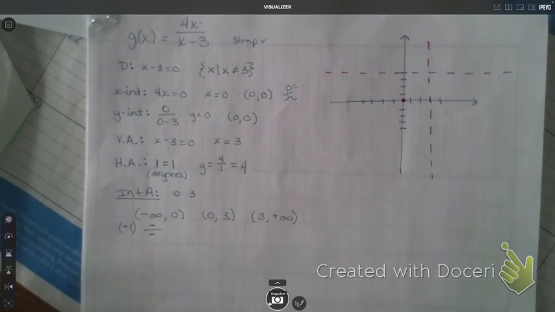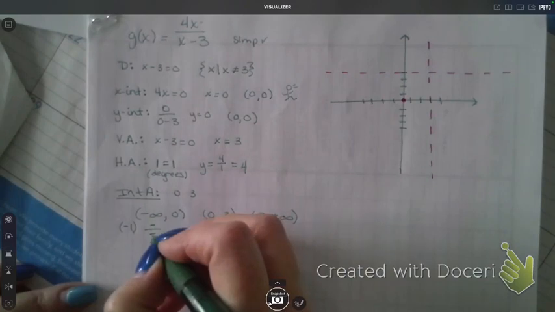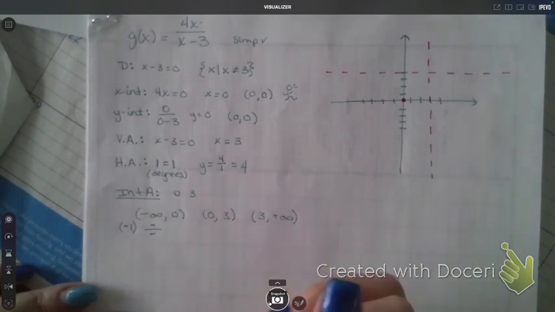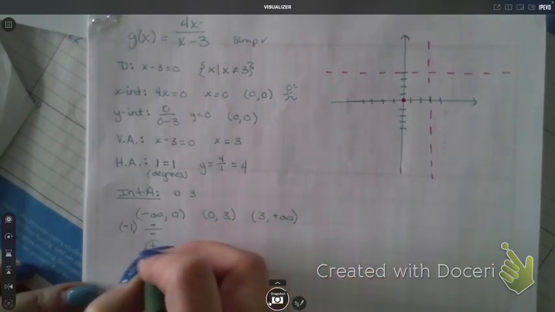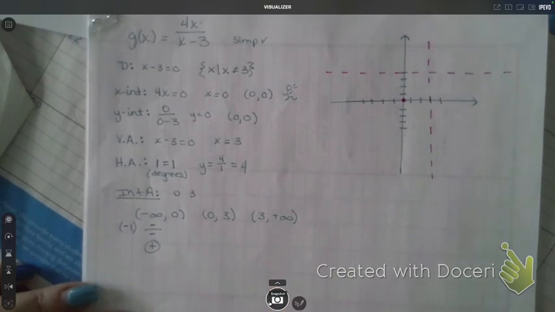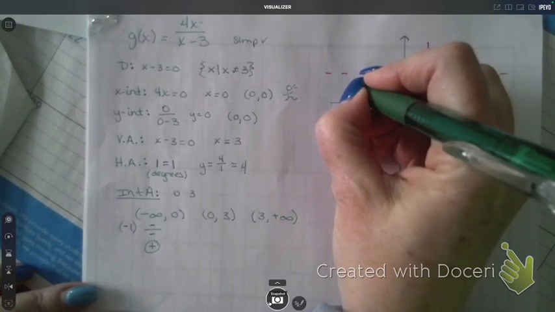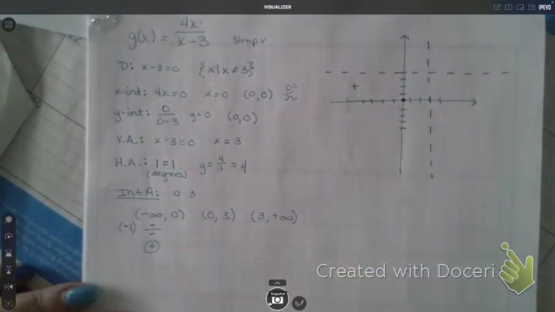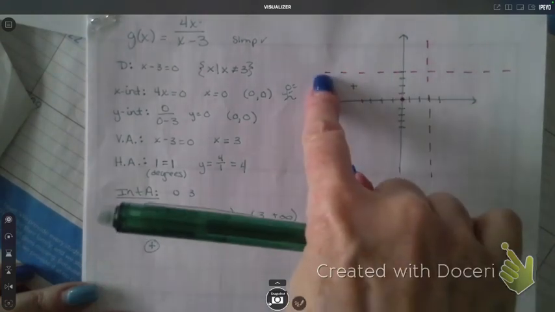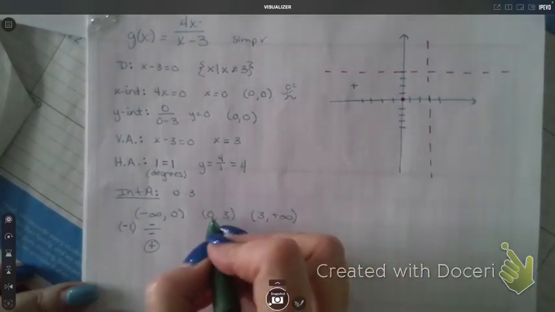Even though this math is pretty easy, I don't care. So if I have a negative divided by a negative, I have a what? Positive. So between negative infinity and 0, it's going to be positive. So I put a plus up here just so I can keep track. Isn't that what we said should happen? Yeah. Okay. So now 0 to 3.